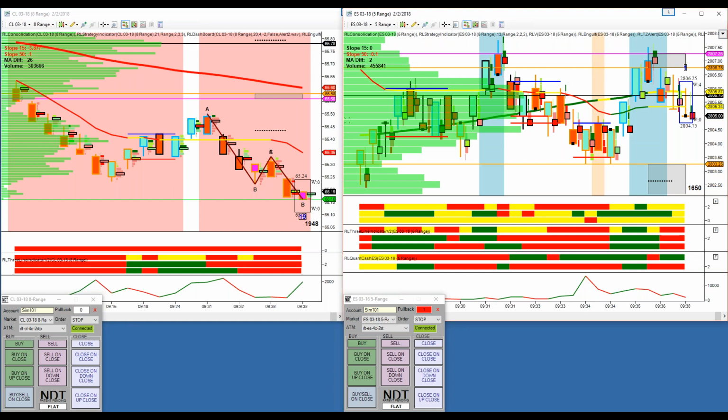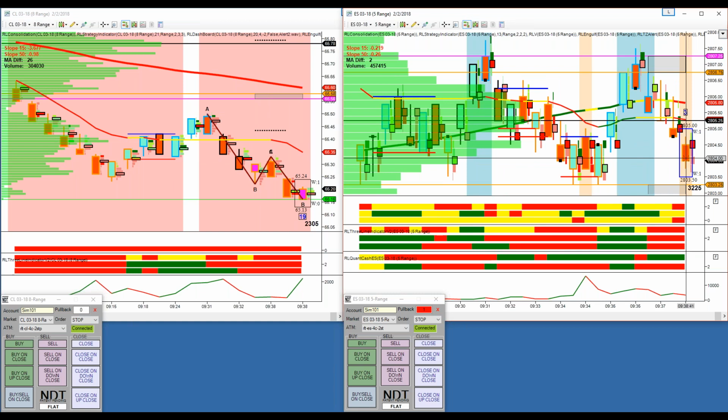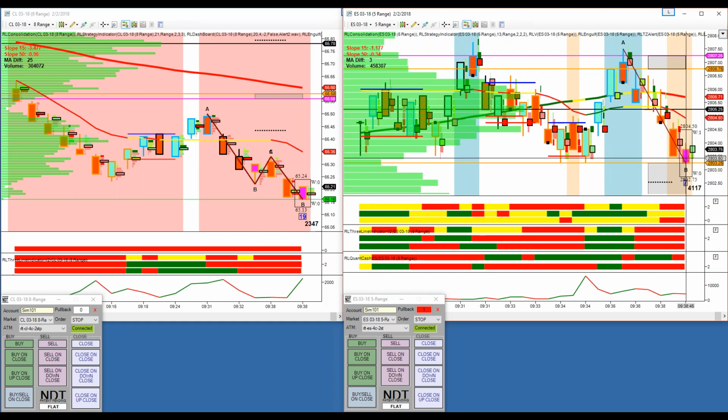Way off resistance here. It's a hanging C. A lot of red on the E-mini.